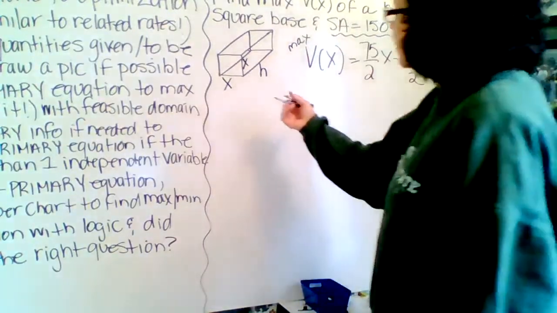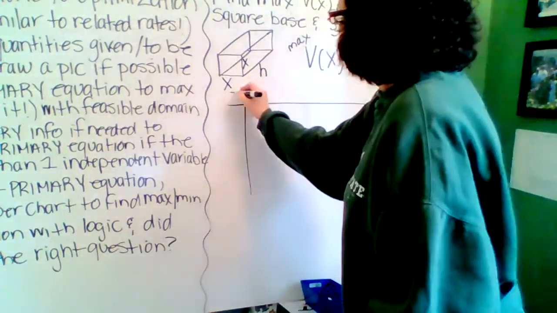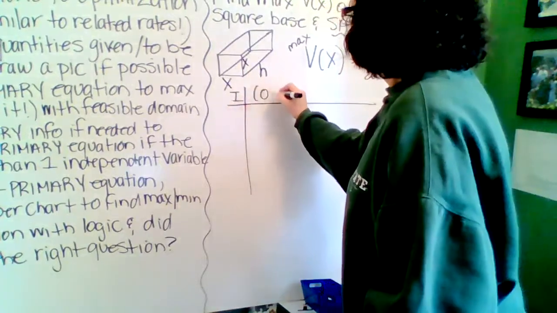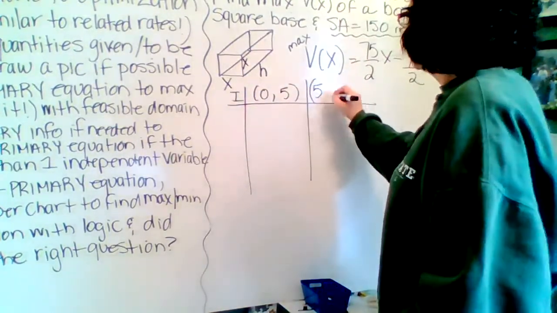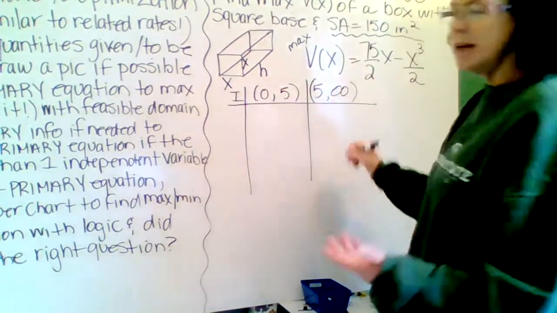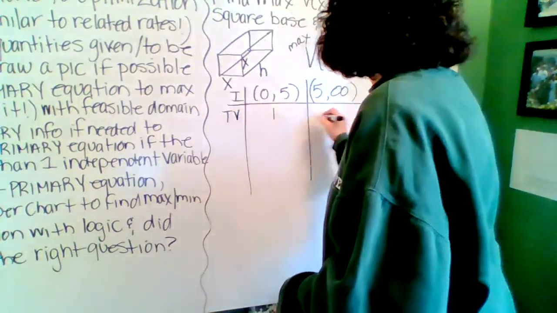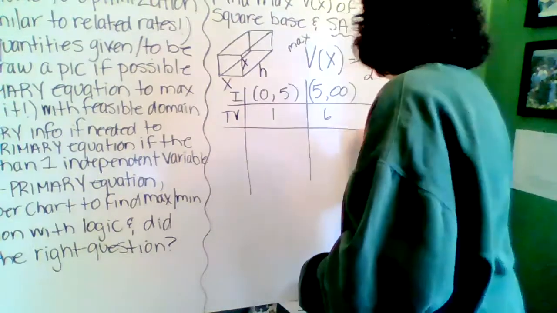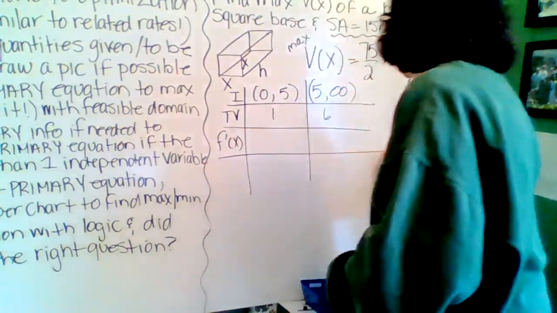My intervals: my x would start at 0 and go to 5, then from 5 to infinity, or you could even stop it at 8, 9, or 10, anything you want. Test values, let's put in a 1 and a 6. And the first derivative, then, let's take a look.